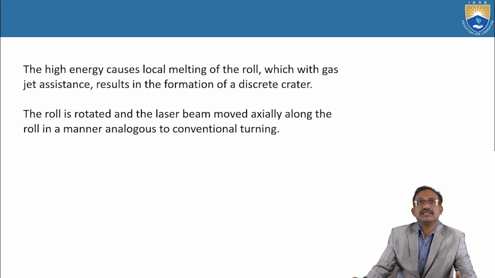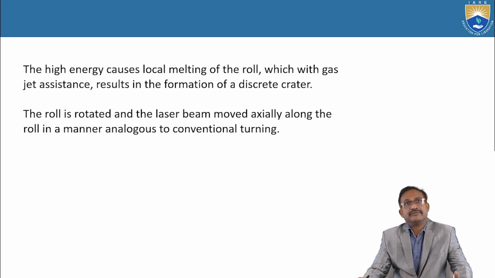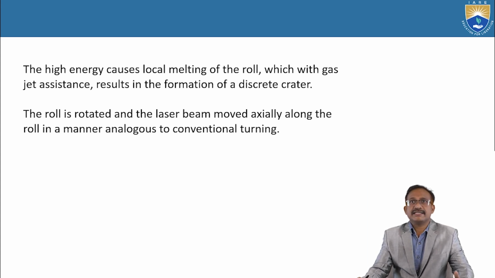The high energy causes local melting of the roll, which, with gas jet assistance, results in the formation of a discrete crater.